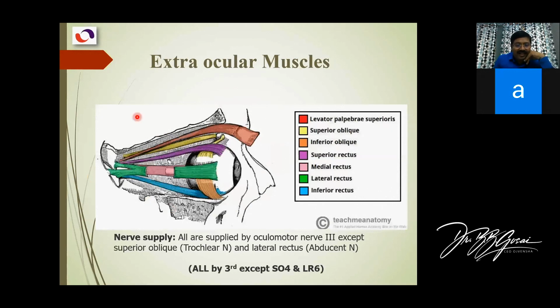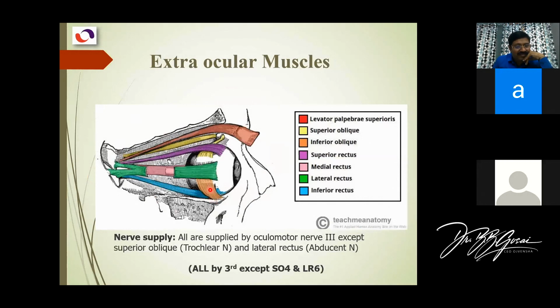As you can see, this one is the levator palpebrae superioris going to the eyelid. All muscles except inferior oblique originate from the apex of the orbit and run forwards. Levator palpebrae superioris goes to the upper eyelid.